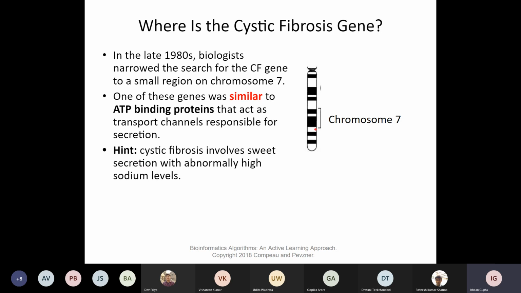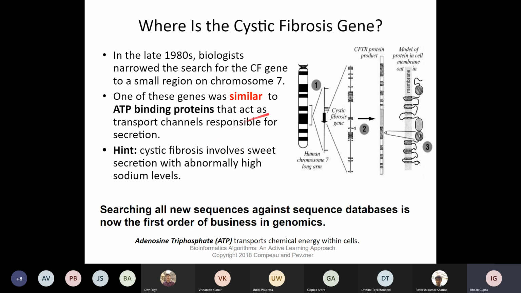This was the same idea I showed you earlier when they were comparing NRP synthetase domains. They found similarity between ATP binding proteins in this specific region of the cystic fibrosis gene location, and found that the cystic fibrosis gene is encoded by what's called the CFTR protein, which is a transmembrane protein and regulates sodium levels.